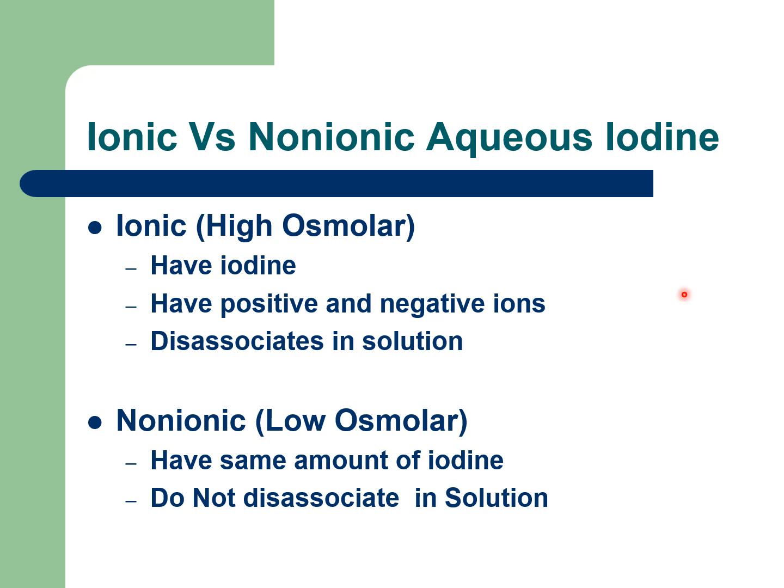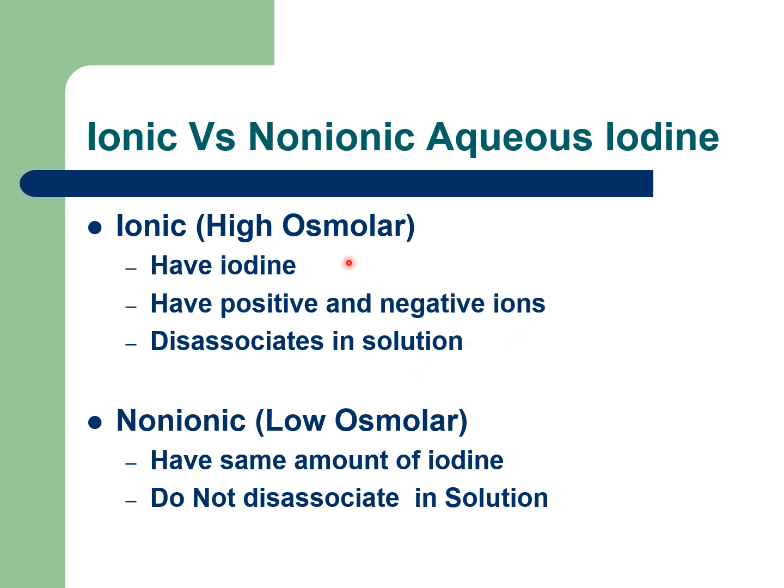So then, ionic versus non-ionic agents. Well, the ionic are high osmolar, as we've said before. They both have iodine. They have the same amount of iodine, the three iodine atoms on that particle, but the difference is the ionic have positive and negative ions, because an ion is a charged particle.